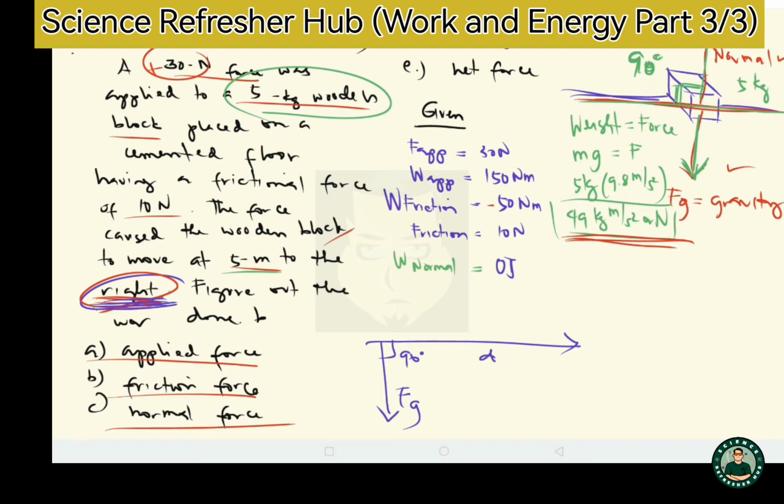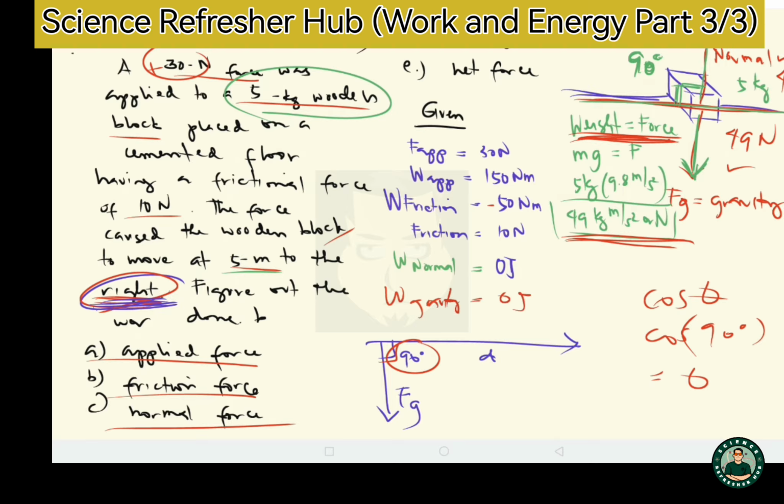So if we have 49 Newton as our normal force, our gravitational force, or the weight, is equivalent to that force. If our normal force is 49, the weight will also be 49. Then we have cosine theta. It forms 90 degrees. So cosine 90 degrees is just equivalent to 0. So again, work done by gravity is 0 joules.